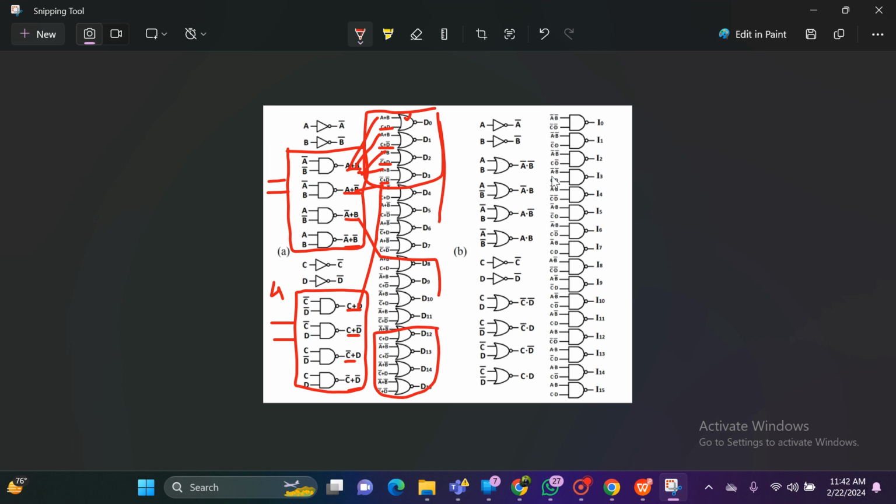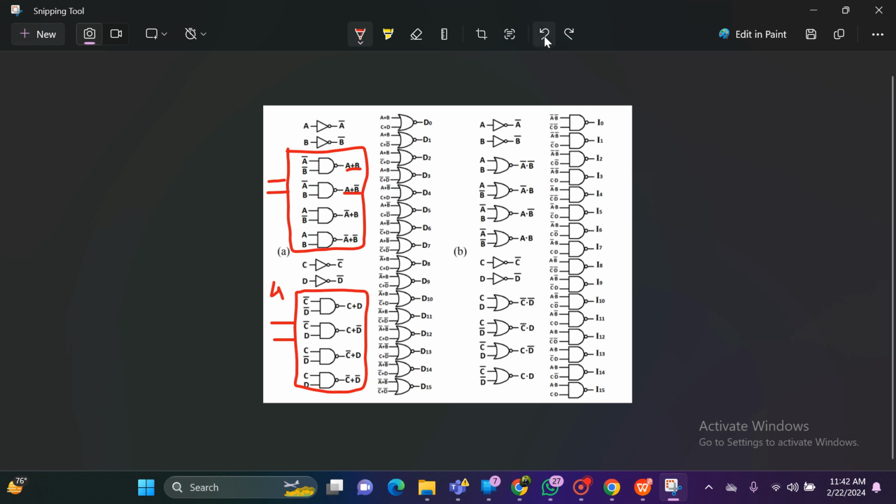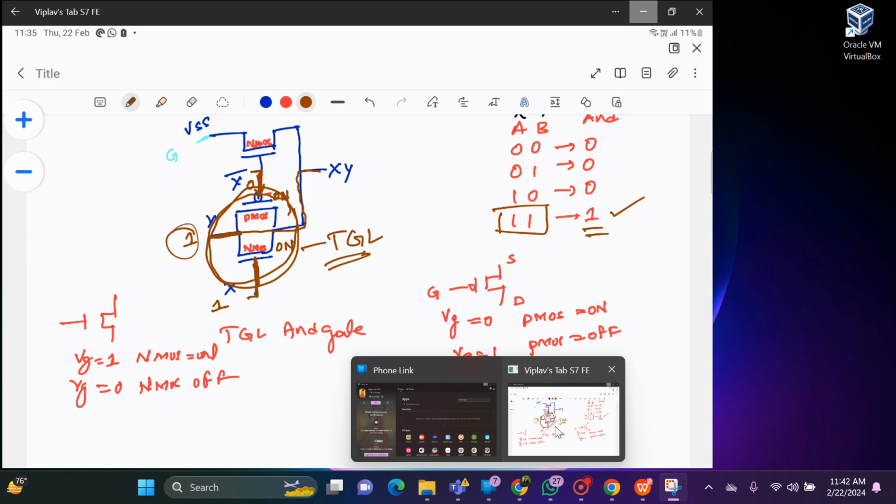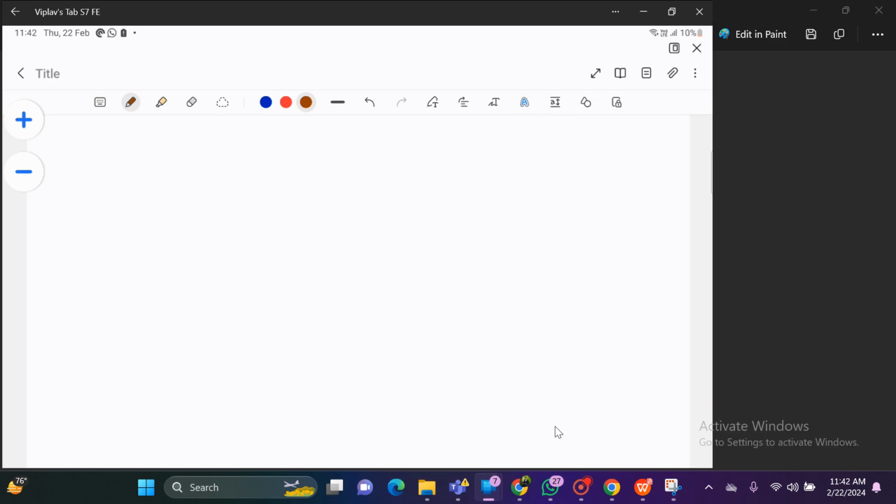Suppose we see one of them, how it is really happening. So this is the circuit. Here also it is the same thing, just the gates are exchanged, that's it. Now observe here, A bar B bar, there is an AND gate, so we will see it once. So A bar B bar NAND gate.